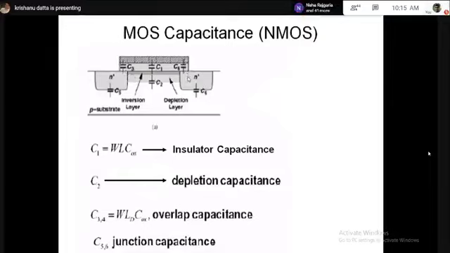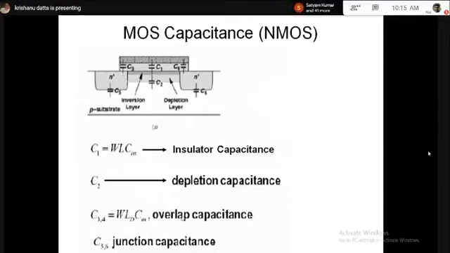Where this source overlap and drain overlap, we say LD. W is the other dimension, so that gives the area W into LD. This LD overlap region, I already defined long back when I was trying to define the technology node. At that time I gave you the definition of LD already. So that pretty much gives the overlap capacitance.